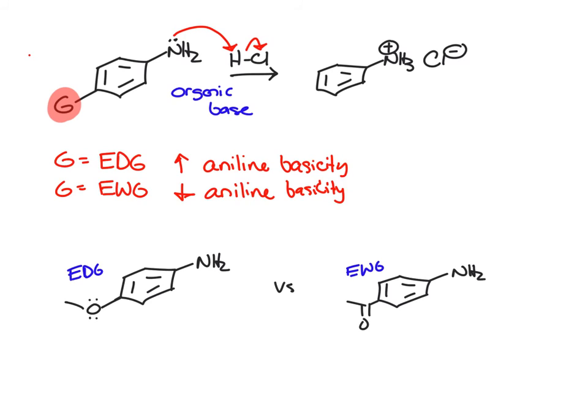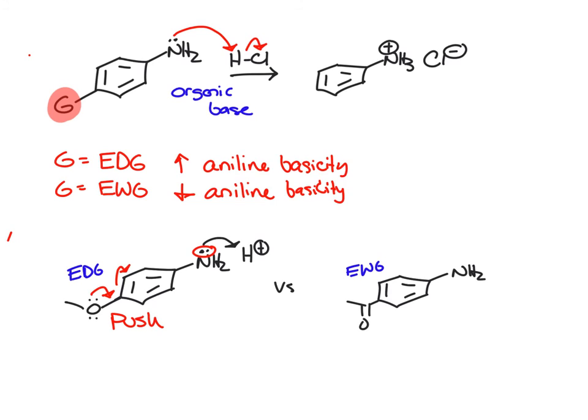So the way to think about this is we're looking at aniline as a base, and that base is donating its lone pair to pick up a proton. Well, an electron donating group is sort of giving you an extra push of electron density toward the ring. That push of electron density enhances the basicity of that lone pair.